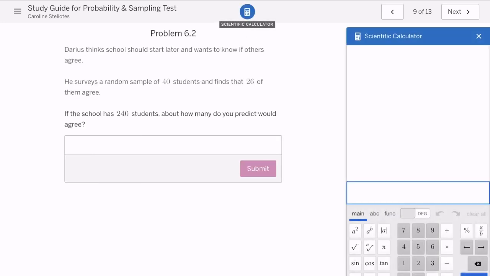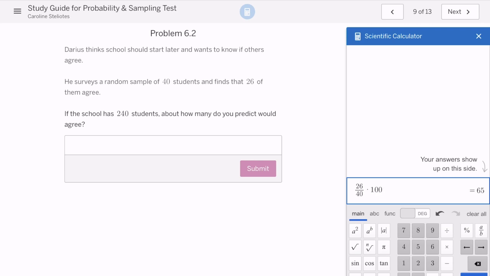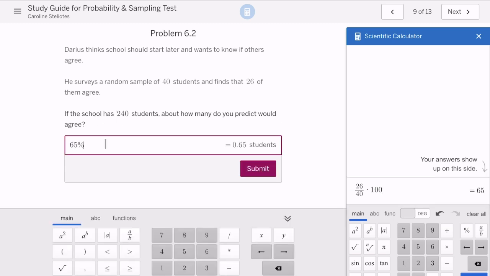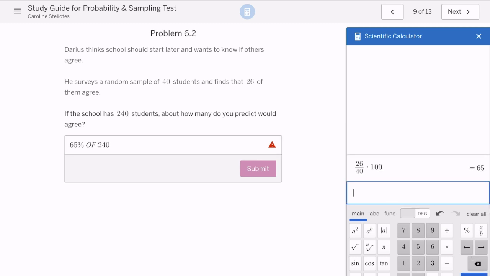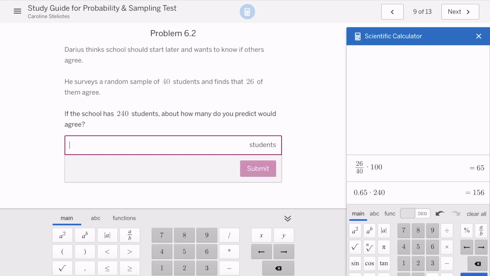In terms of the work for this, we took a random sample and we found that 26 out of 40 agreed. So that's going to be 65% of students agree. If there are 240 students, then we want to find 65% of 240. To do that, on our calculator, we can find 0.65 times 240, and we're going to get 156.